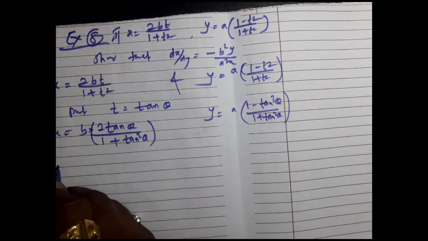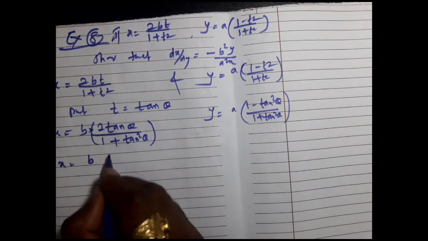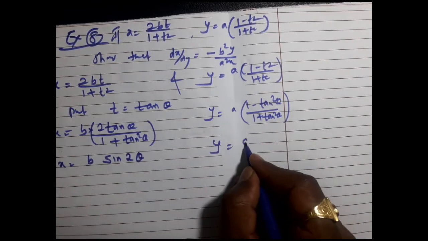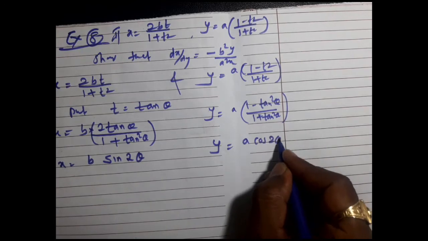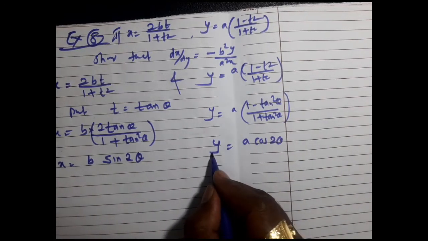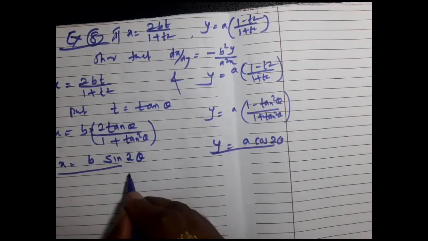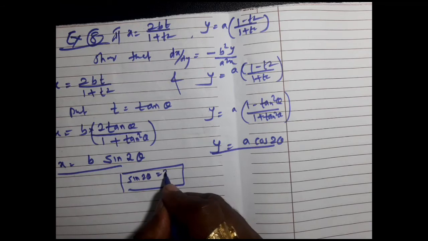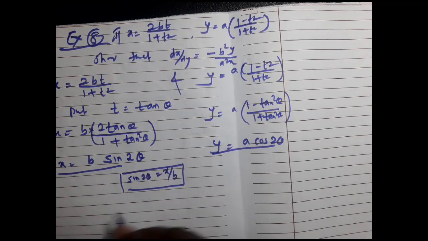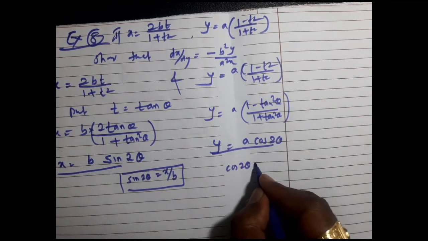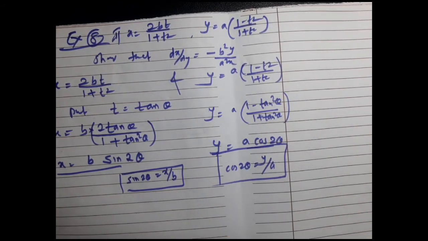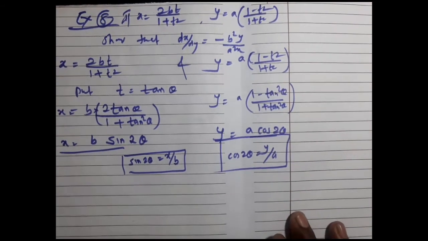Now these are the formulas: x is the formula of sin 2 theta, and this is the formula of cos 2 theta. Sin 2 theta is x upon b, and cos 2 theta is y upon a. This we are going to use afterwards.